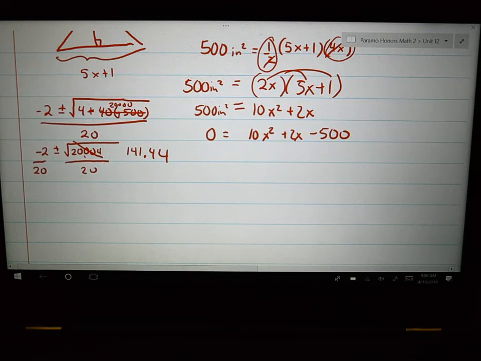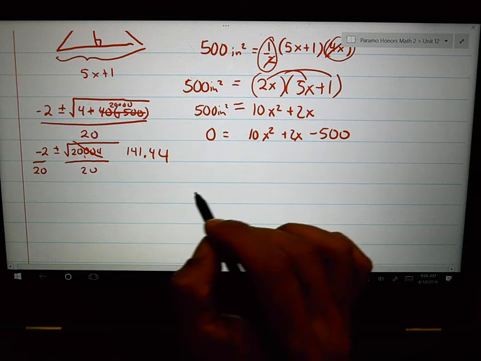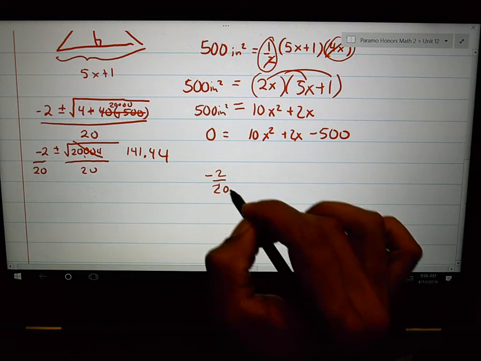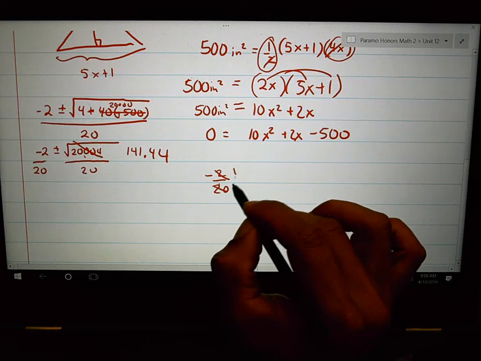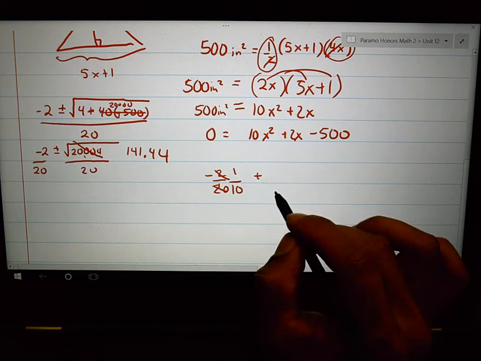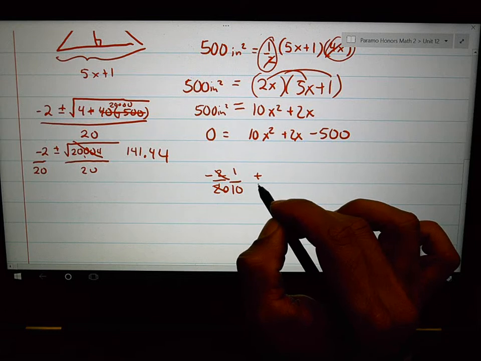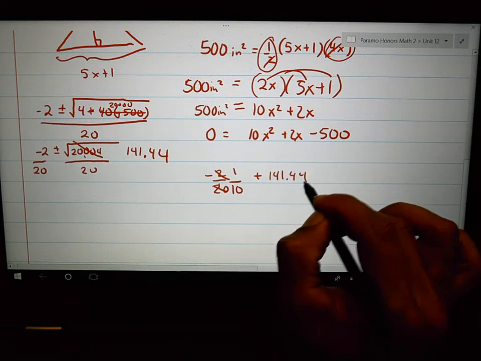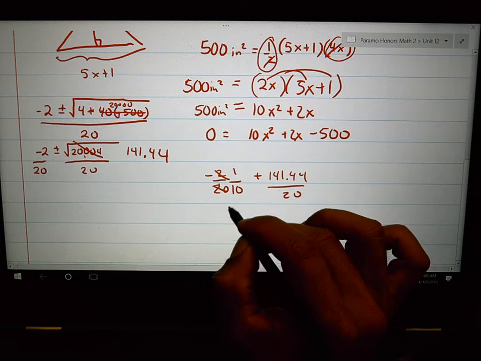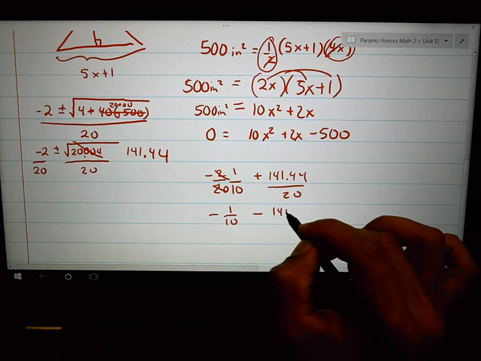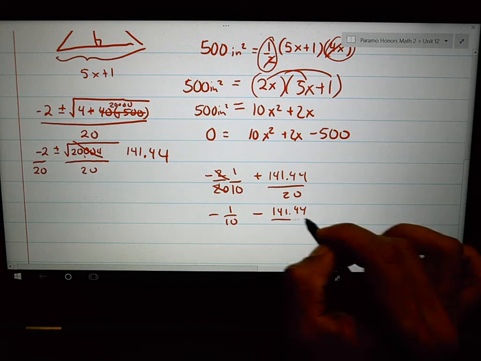So we have two possibilities. We have negative 2 divided by 20, negative 1/10, plus or minus 141.44 over 20. Negative 1/10 plus 141.44 divided by 20, and negative 1/10 minus 141.44 divided by 20.